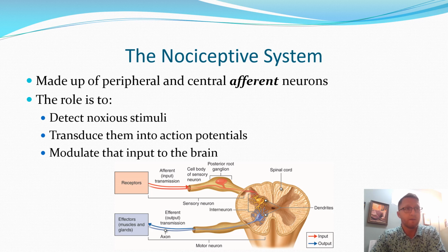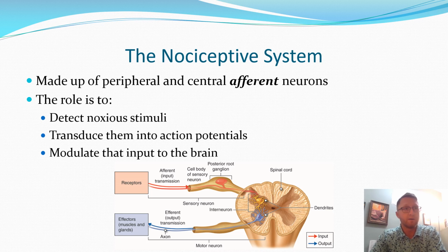But again, this is all information that is basically an input to the brain. It's an input saying you need to react some type of way based on what your body is experiencing. Is it a noxious stimulus? Is it not? If it's noxious, then we need to have some type of motor response to get us away from that potentially harmful stimulus.